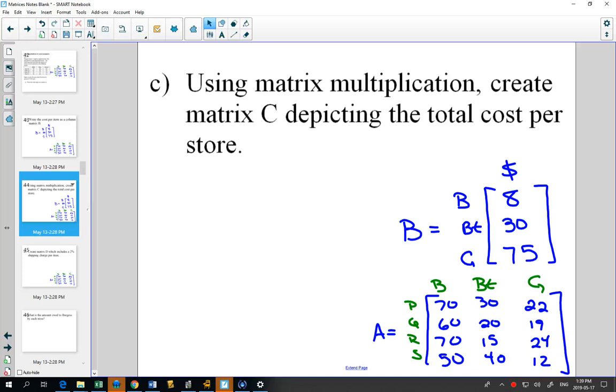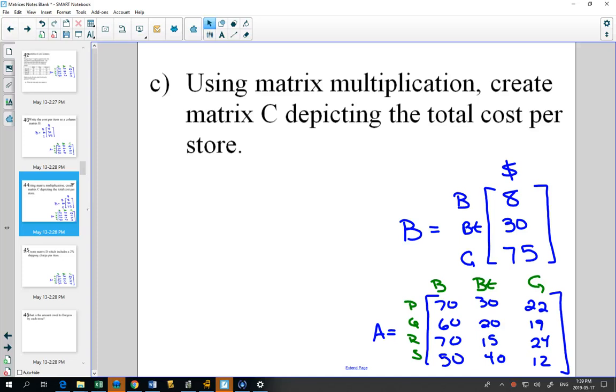Would it be hard to figure out how much they owe the store? No. What would you have to do? You'd have to do 70 times $8, and 30 times $30, and 22 times $75. And to find the total amount that they owe, add them together. Does this sound like matrix multiplication a little bit?